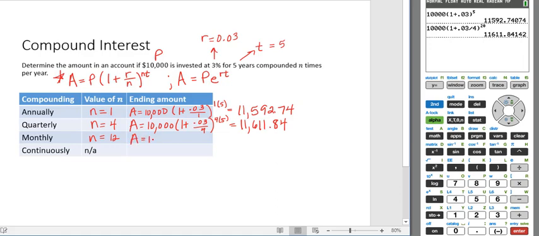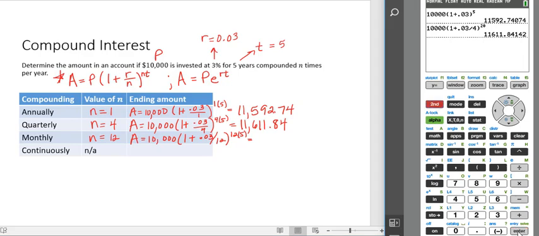Compounded monthly, again the same process. A would be 10,000 times 1 plus the interest rate of 0.03 divided by 12, raised to the 12 times 5. So if I wanted to, I can do second enter to bring up that expression that I just entered. And then in place of the 4, I'm going to put 12.